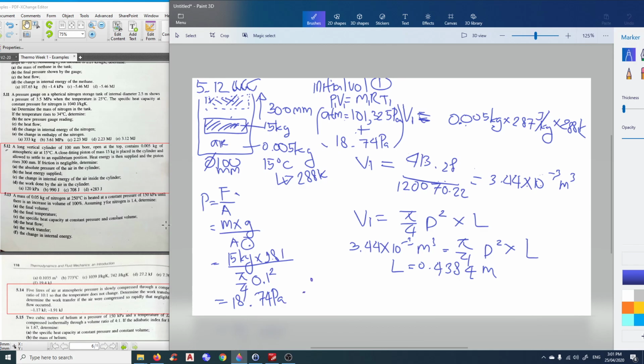So finally, the new volume would be V2 equals quarter pi d squared times (0.438 plus 0.3). You see what we are trying to do here? We try to calculate this volume of air here.